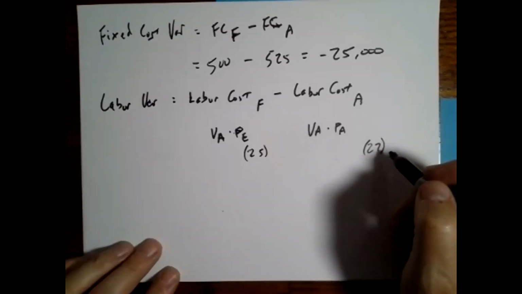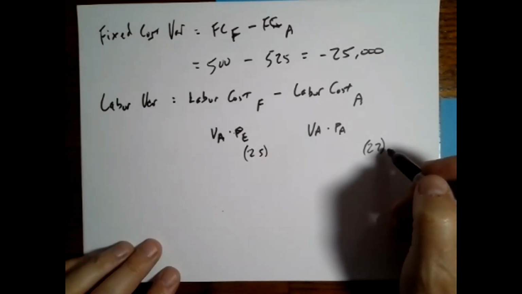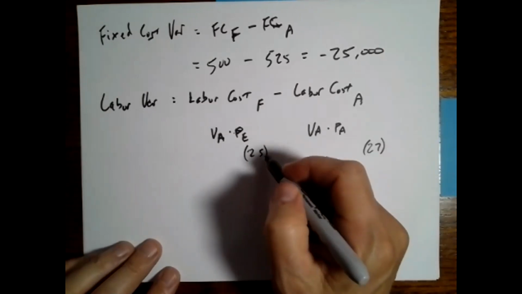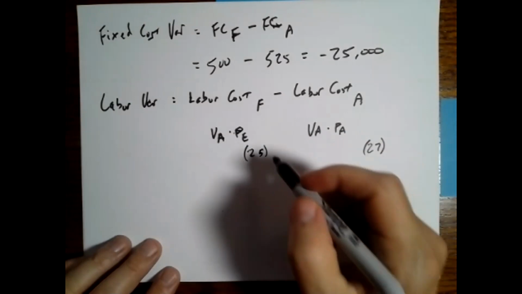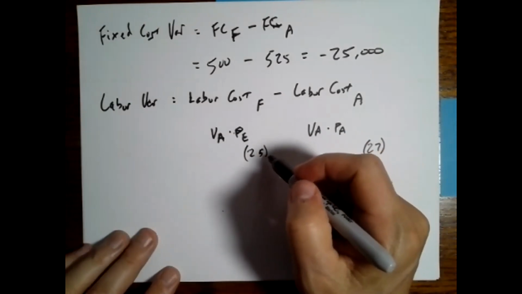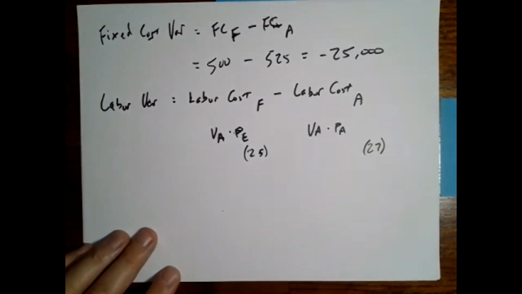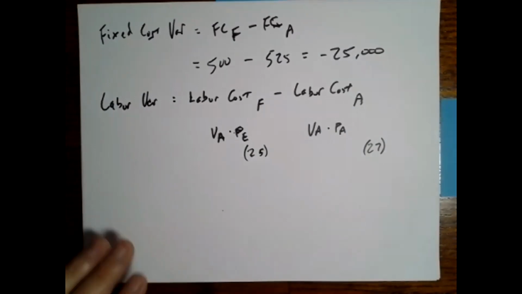So the price per hour for the actual labor cost was $27 an hour. The expected price per hour was $25 per hour, and you get that from going back to page 283, cost assumptions, section 3A, labor, $25 per hour.